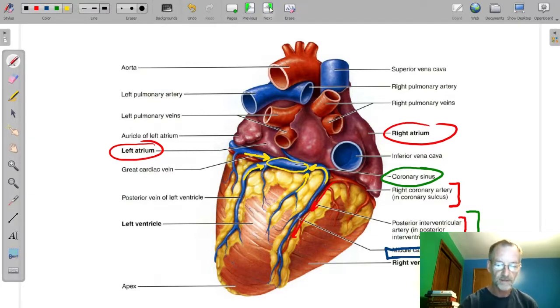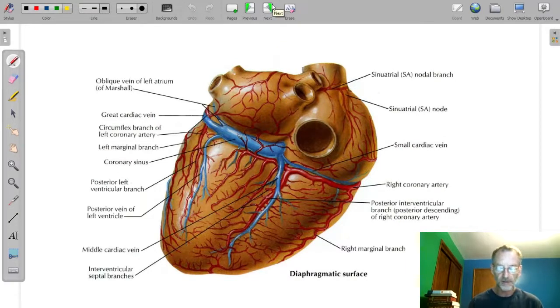Okay, next slide. Again, posterior view of the heart. Get yourself oriented. When you see the sinus, you know you're looking at the posterior side. And here are the different cardiac veins flowing into it. So on the posterior side again, shown is the posterior interventricular branch.